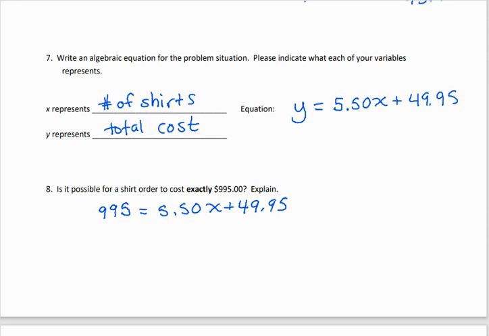Right? We don't know how many shirts, they gave me the money. Again, guys, if you put the $9.95 at the end, that's fine too. Either way, how do I solve these equations to get x alone? I subtract that one-time fee first, just like we said in our explanation. That gives me $945.05.